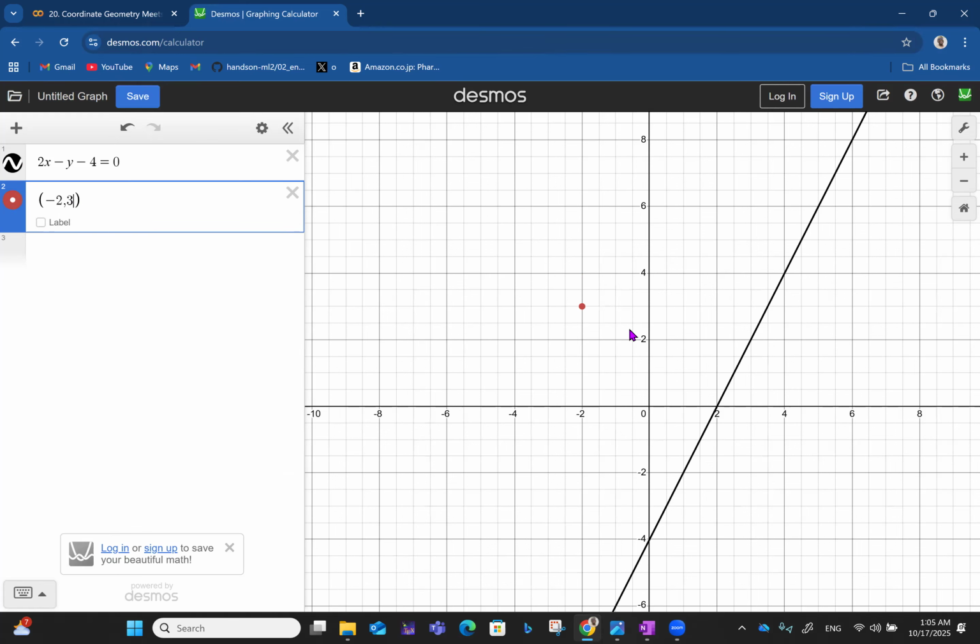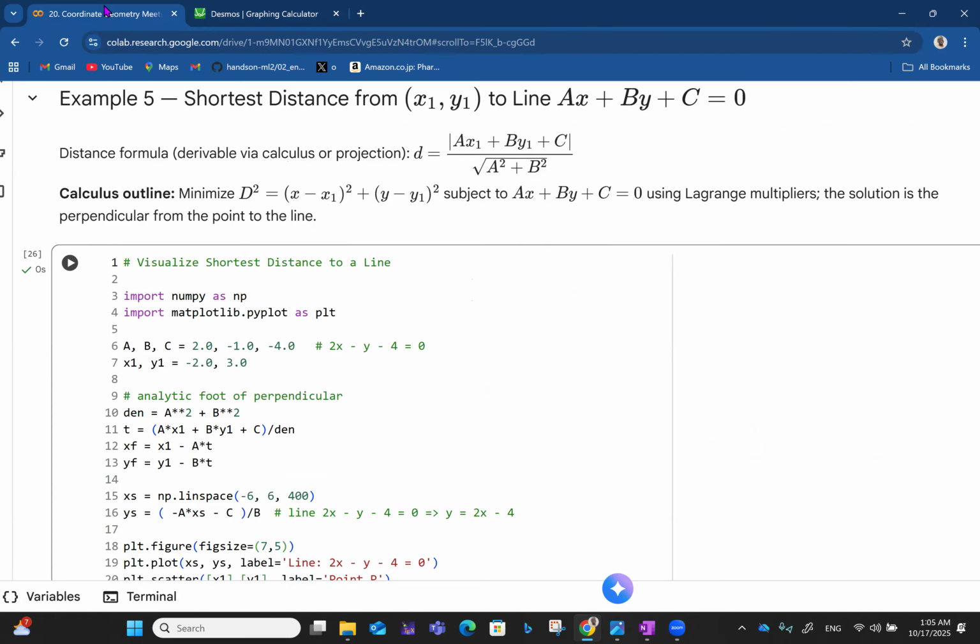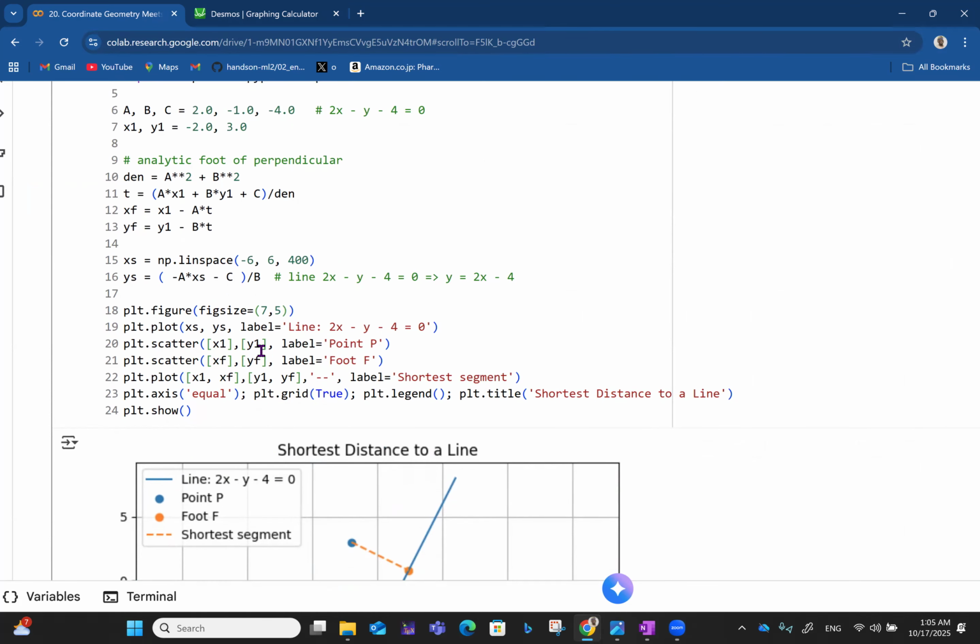So the shortest distance from this to that now is what this is about. So that's what this one has given us. So that happens to be this. Okay, do we know the analytic foot of perpendicular? We have all this.